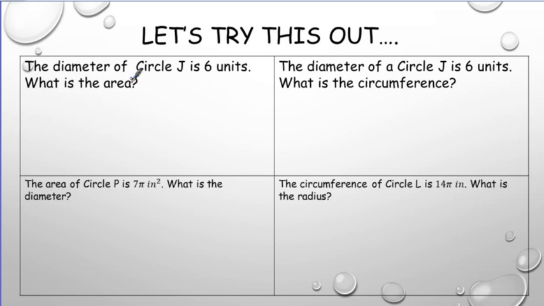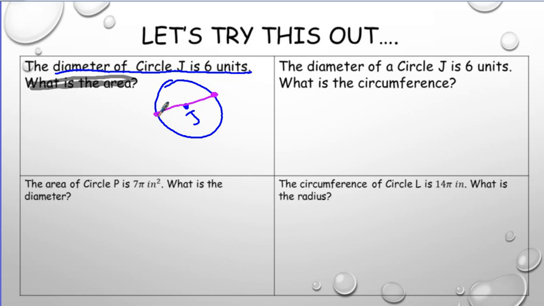It says the diameter of circle J is 6 units. What is the area? So I'm going to draw a circle. And the part it's asking me to solve for is what is the area. So that's what gets highlighted. And then I'm going to go in here and say it gave me a diameter of circle J is 6. So I'm going to name this circle J. And I'm going to draw the diameter in there.